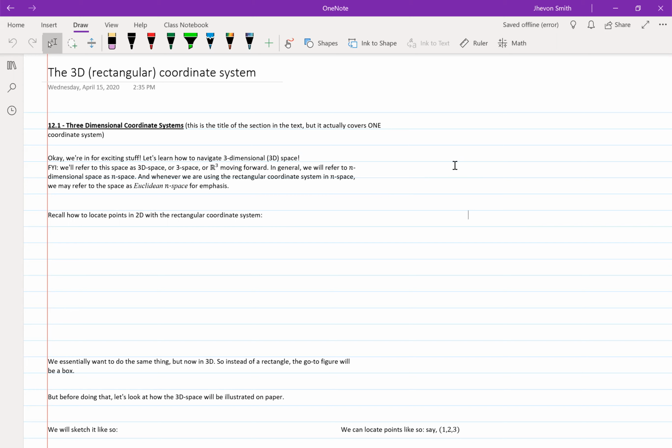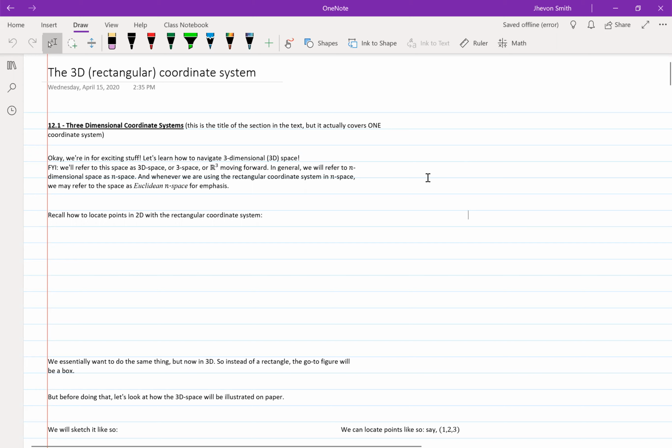Another is called the spherical coordinate system, which any of you in physics would probably have seen already. But you really start talking about that in Multi 1.